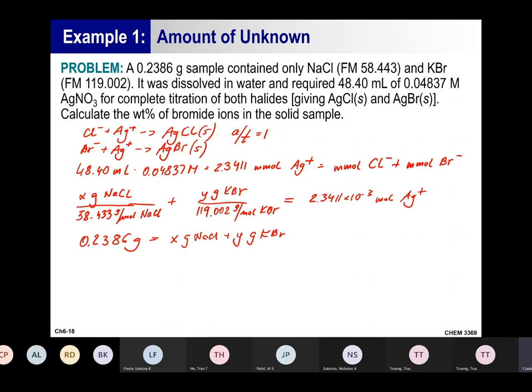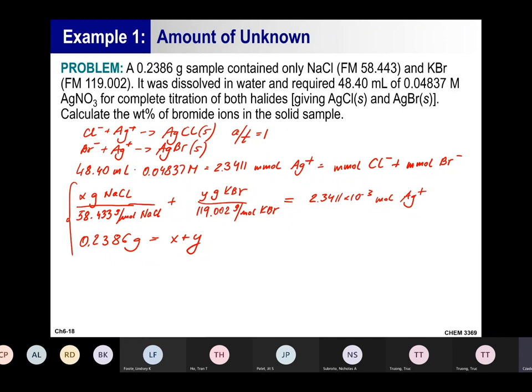Or in short, 0.2386 grams has to be equal to X plus Y, okay? So now I have two equations and two unknowns. Well, a system of equations, this is chemistry class, so I'm not going to go into details of how to solve it. I'm assuming you guys can do that.